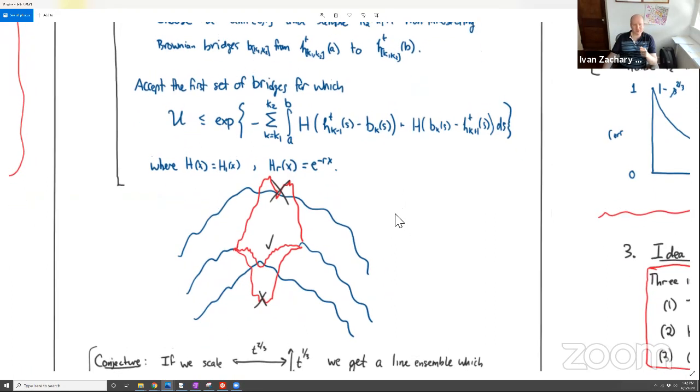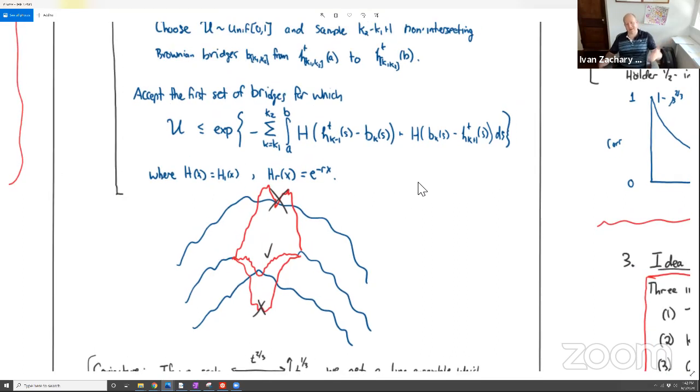So let's parse this a little bit. Here I've written down a slightly more general version of this, which involves e to the minus rx as my energy. If I take r to infinity, then the function e to the minus rx, what does it look like? It's either 0 if x is positive, or infinity if x is negative, right?